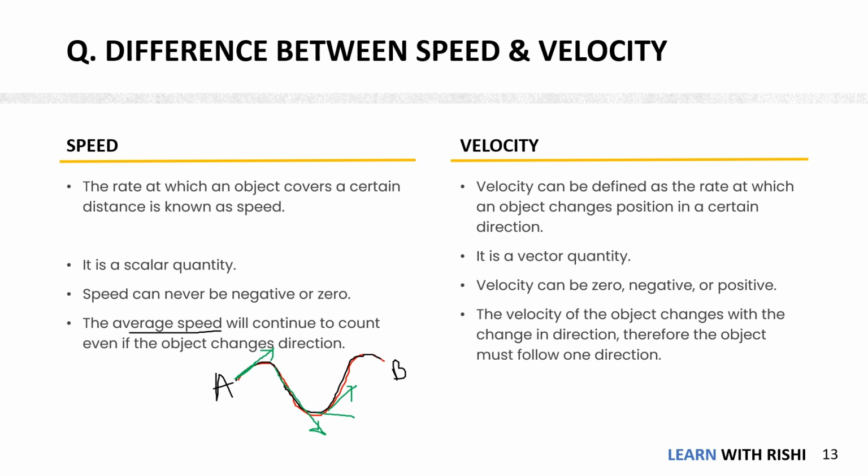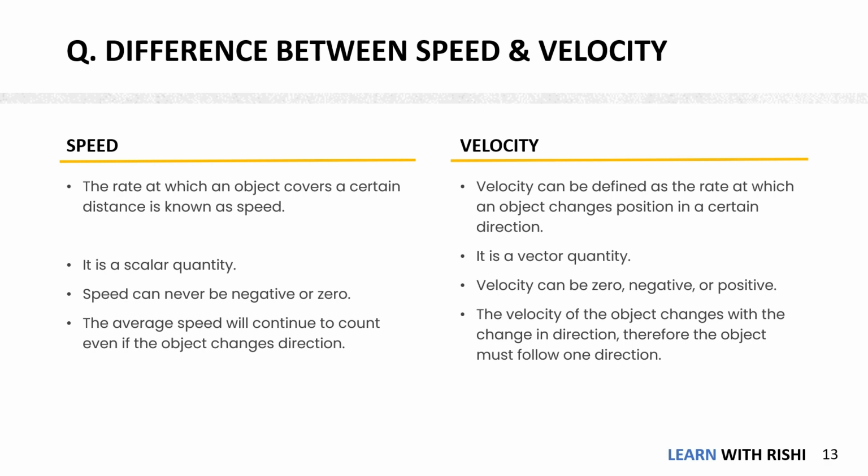Sometimes left, sometimes right, sometimes straight. So the velocity changes there. It is not the same at all positions. So we need to calculate different velocities at different time intervals, because velocity depends on direction and speed doesn't depend upon direction. So this is what the fourth point tells us. I hope you understood the difference between speed and velocity.